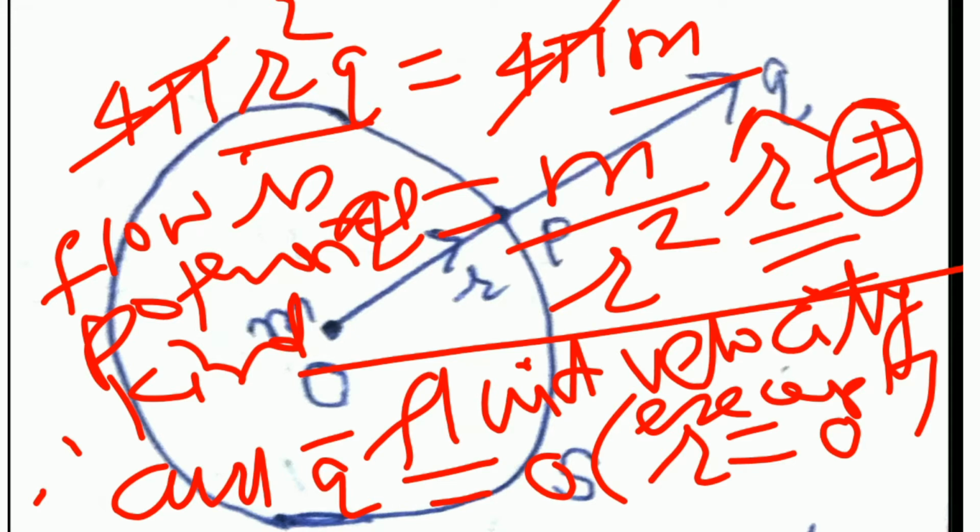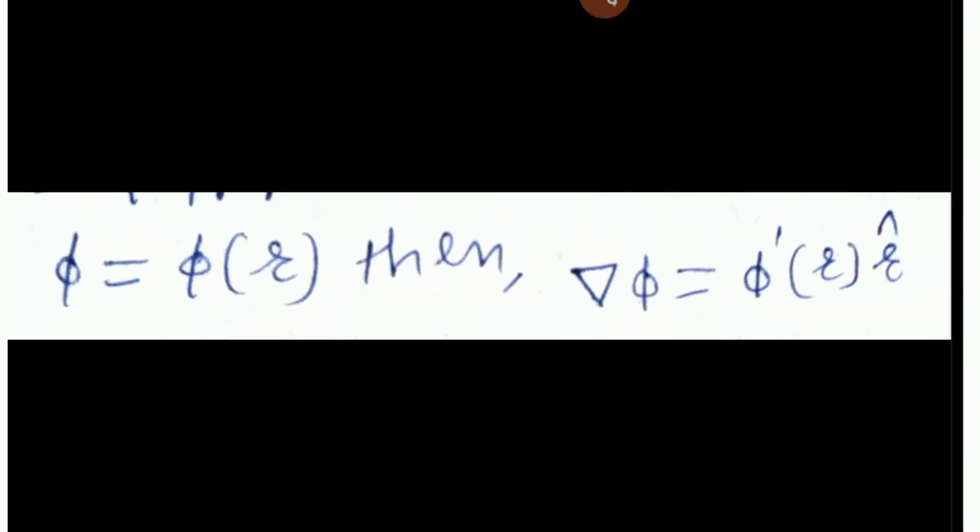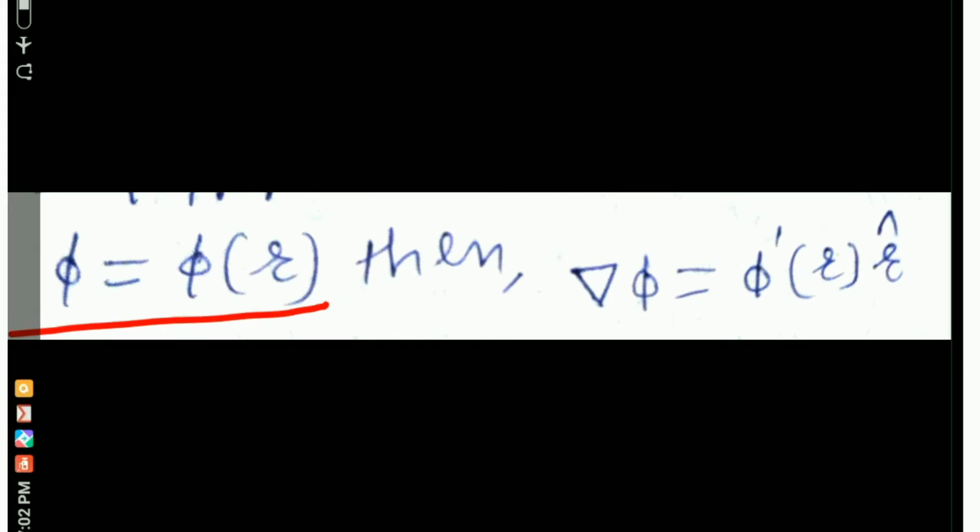Now, let phi be the velocity potential at point P. From the consideration of symmetry, we have phi is equal to phi of r.